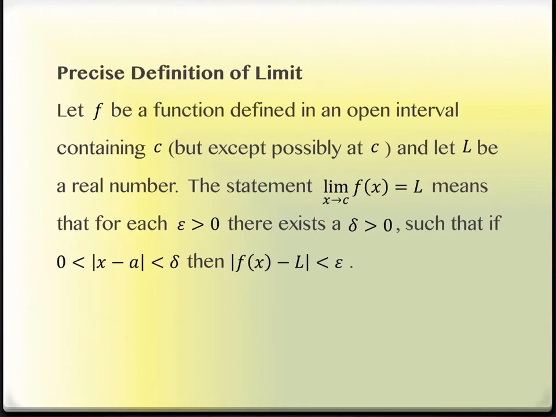Let L be a real number. If the limit of our function is L, then it means that for every epsilon greater than 0, there exists a delta greater than 0, such that if 0 is less than the absolute value of x minus a, which is less than delta, then the absolute value of f of x minus L is less than epsilon.